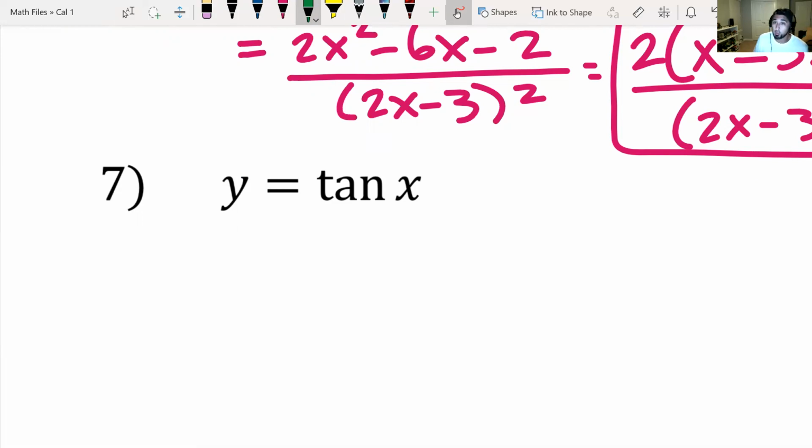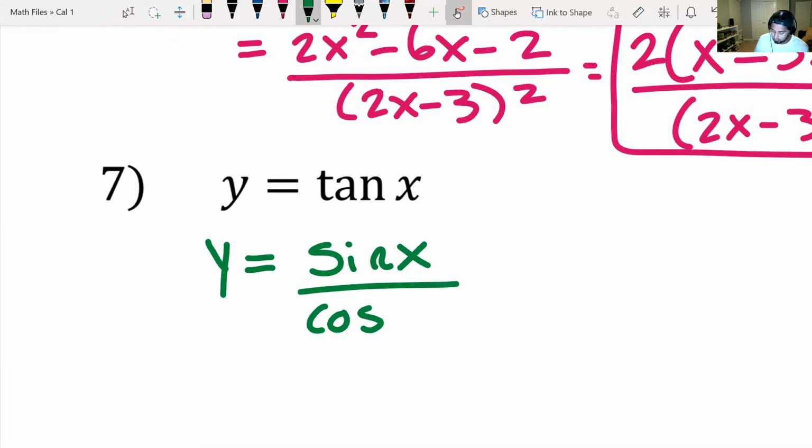So we will rewrite this as y equals sine x over cosine x. And now the numerator is f, the denominator is g.